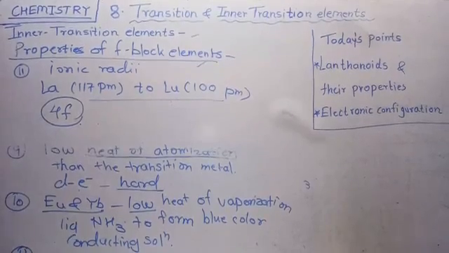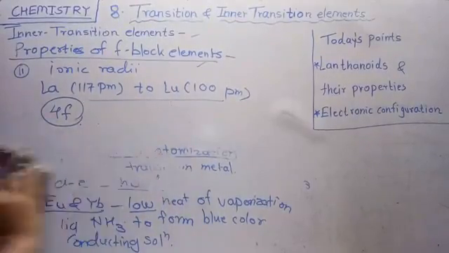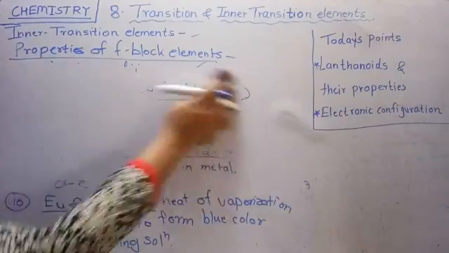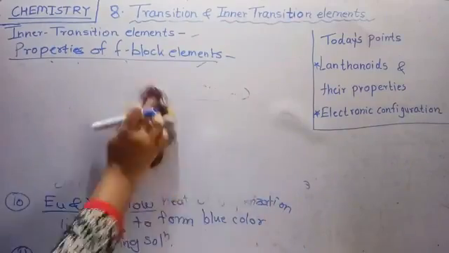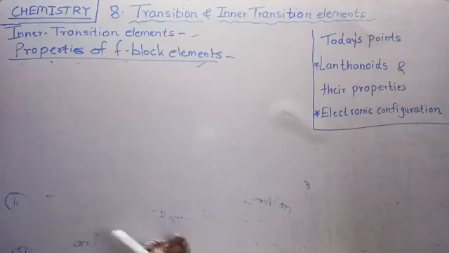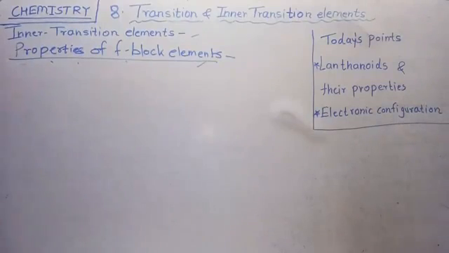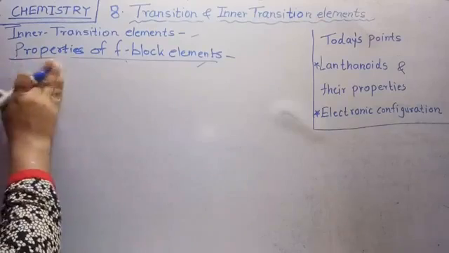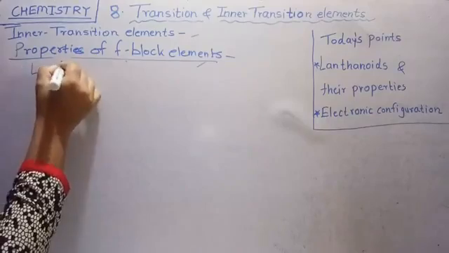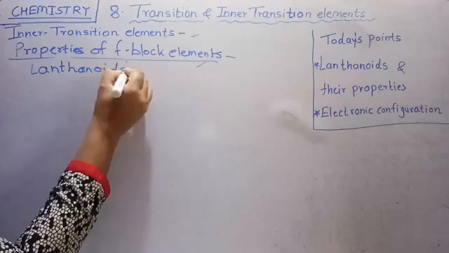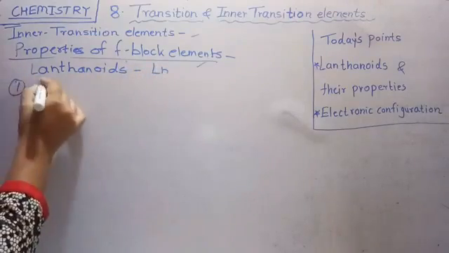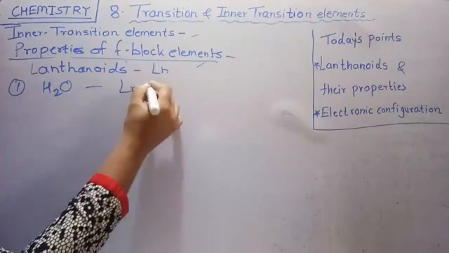Then see, there are some chemical properties of lanthanides given. There is one chemical property you have already seen. They behave like the alkali metals and alkaline earth metals. They form hydroxides. When the lanthanides react with water, they form hydroxides, the general symbol for the lanthanoids being Ln.